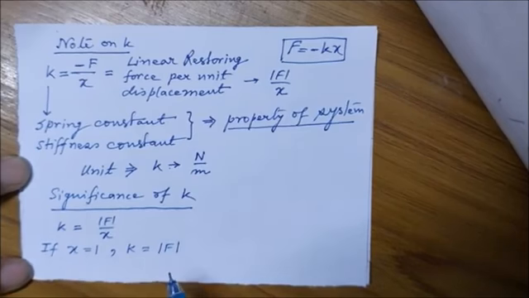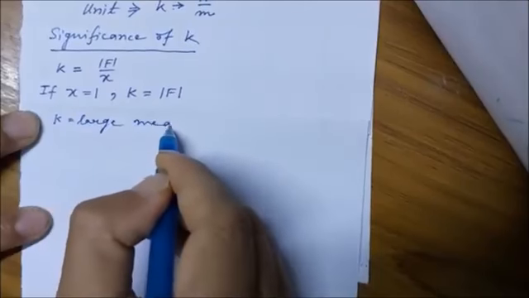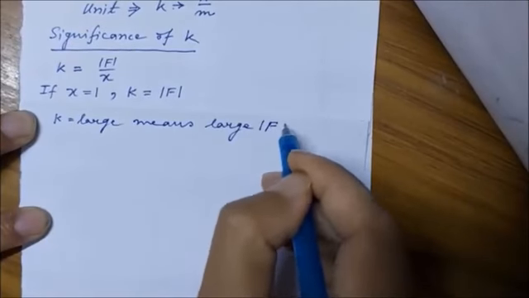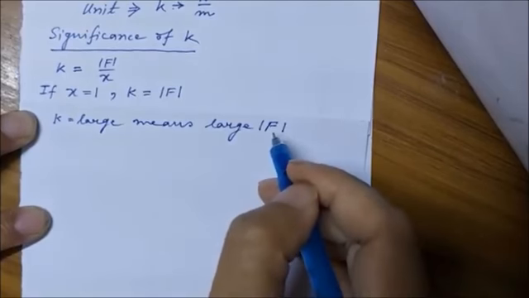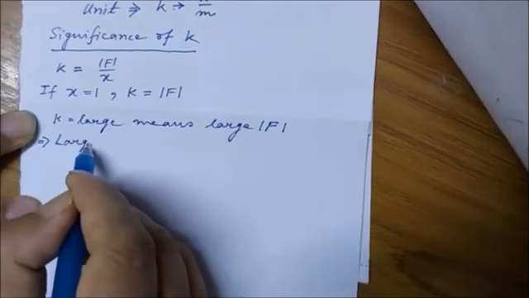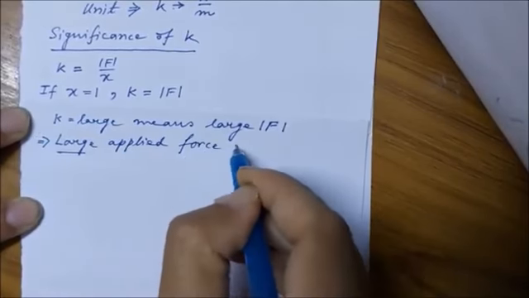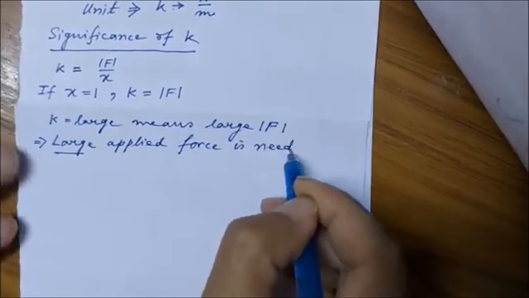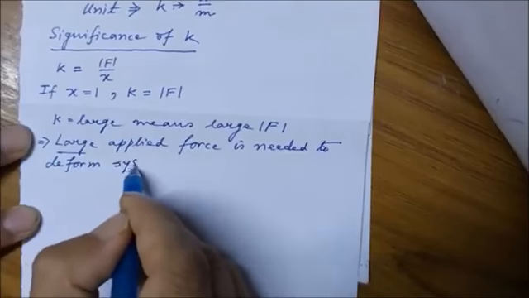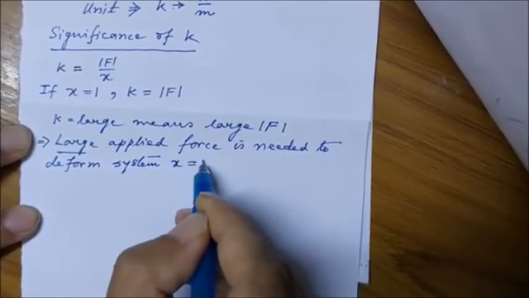Let us write all these things. K large means large F, and this F is the restoring force which is equal to the applied force. This means a large applied force is needed to deform the system, or displace the system, disturb the system by an amount of x equal to unity.